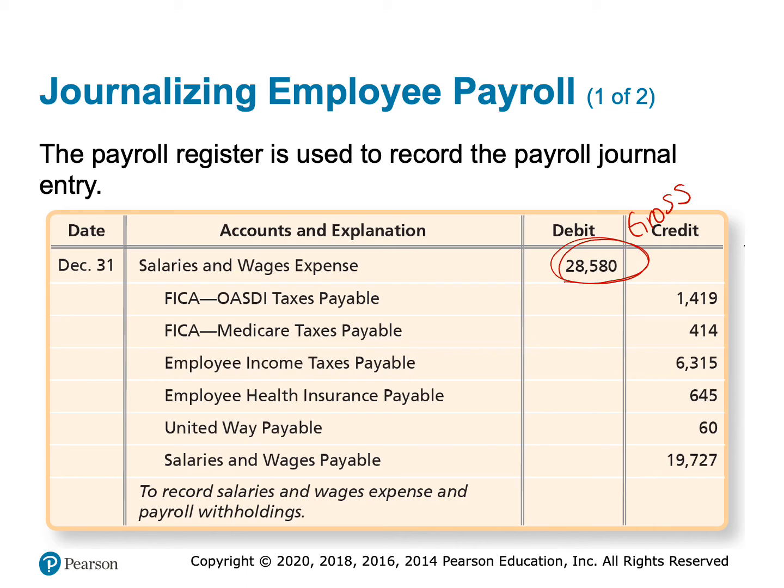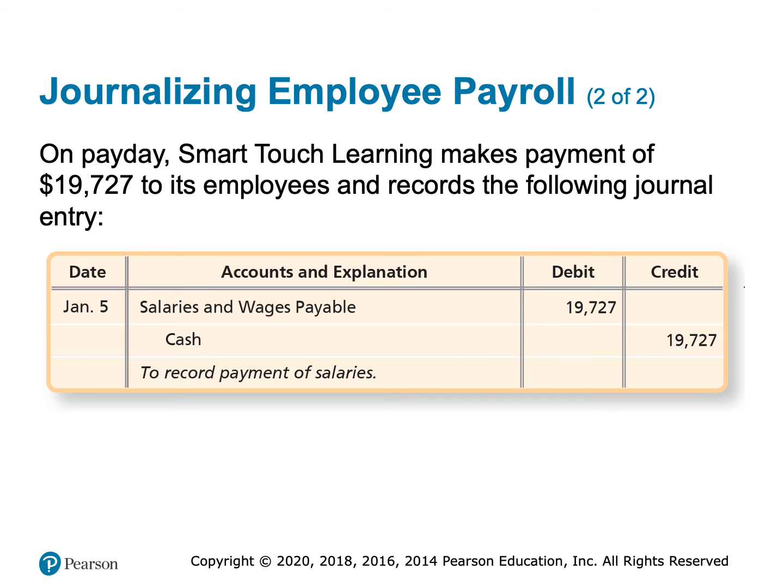So they're going to write a check to the employees totaling $19,727. This is the net pay, which goes under salary and wages payable. But notice they're debiting the expense account for the gross pay. So when they actually cut the paychecks, they debit salary and wages payable, credit cash. Again, these are for the net pay amounts.